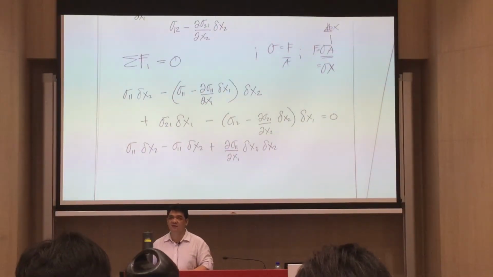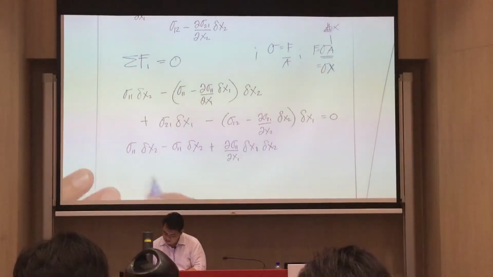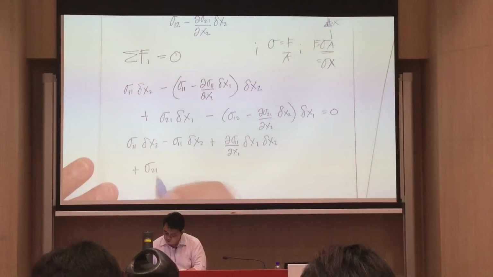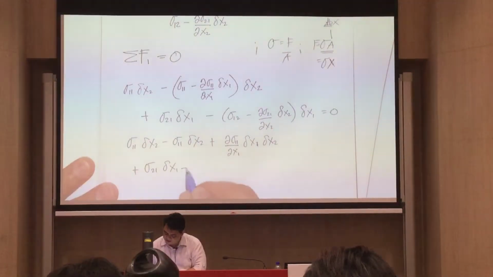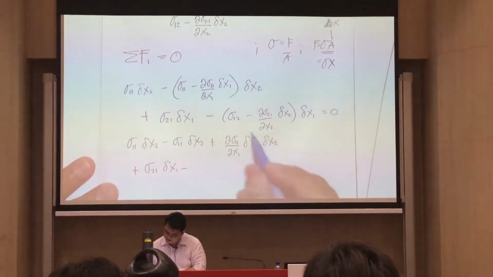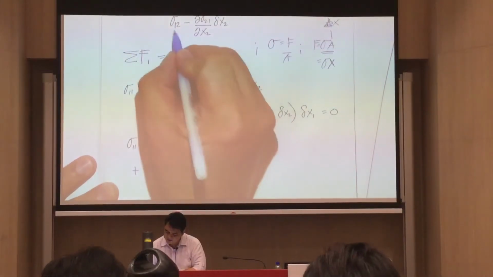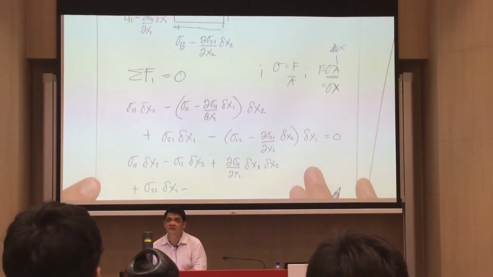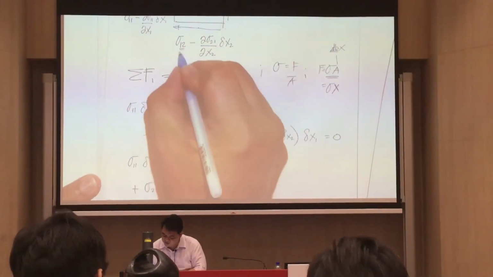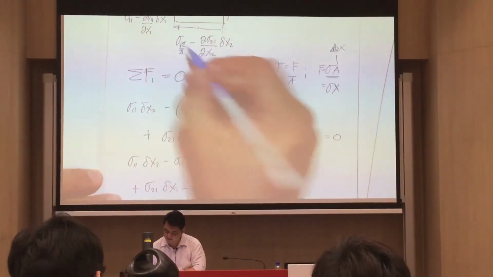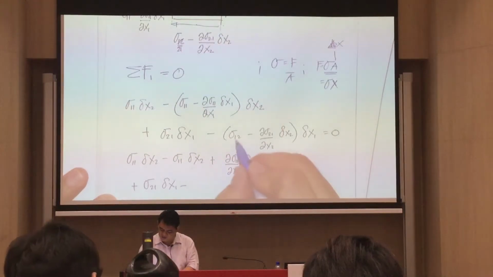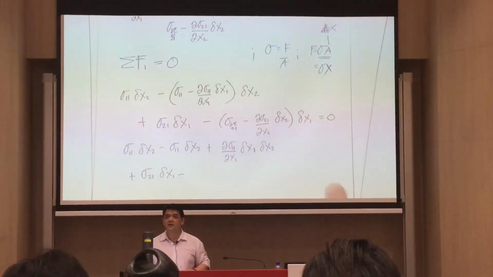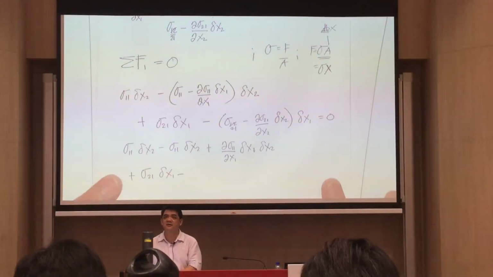And then we have another one here. Plus sigma 2,1 delta x1 minus, this should be sigma 2,1, yeah? Sorry for that, that should be sigma 2,1.